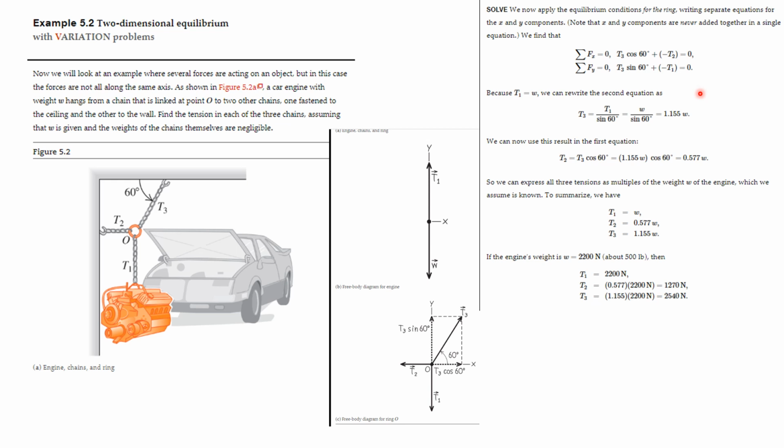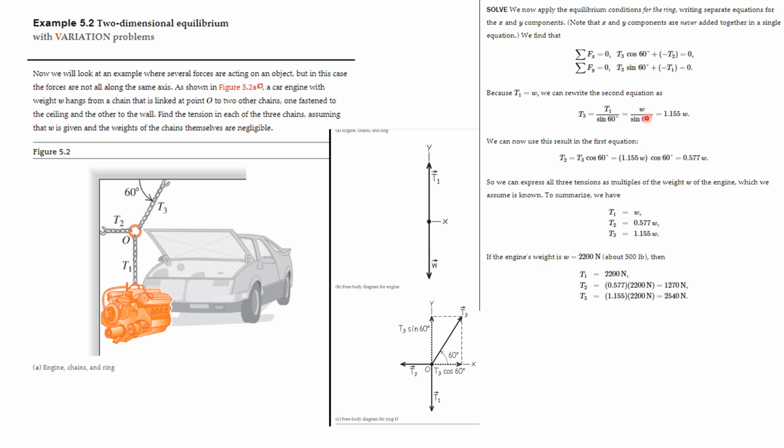But we can say T1 is equal to W, so we can rewrite the second equation just using W there, and so T3 is equal to T1 over sine 60 when we solve for that, and that's W over this.